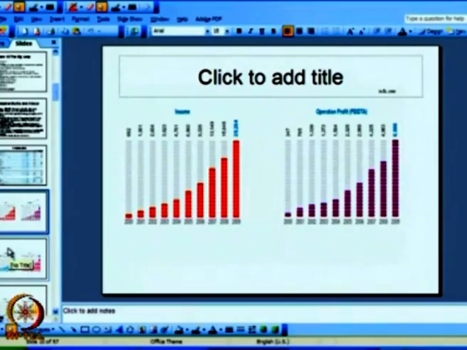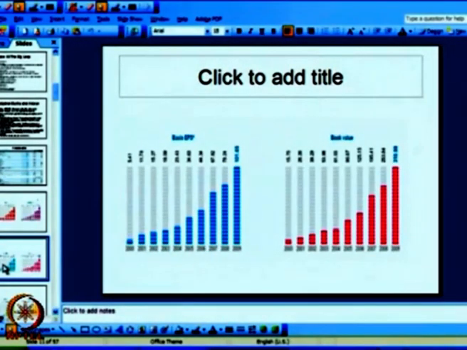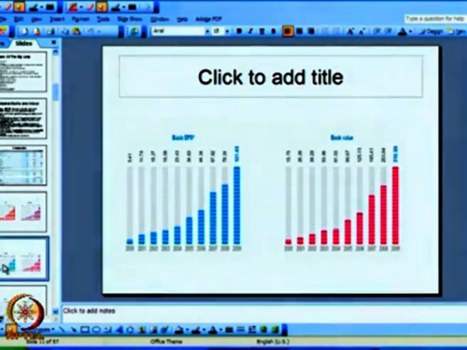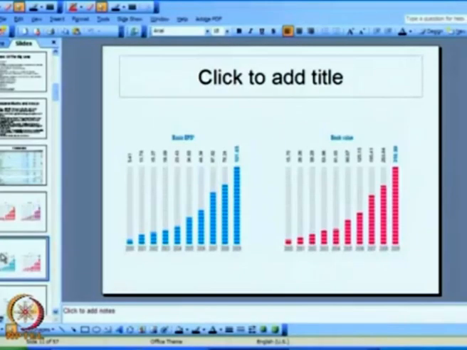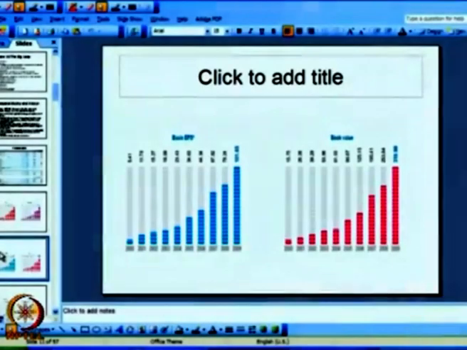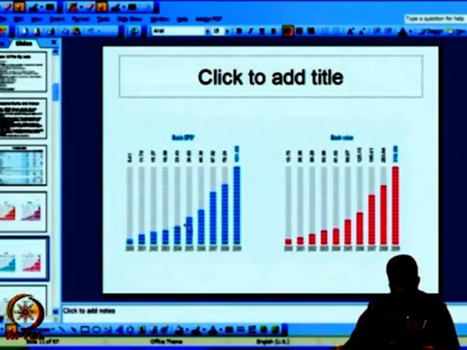There is an increasing trend which you observe from 2000 to 2009. Then what about the earnings per share? A very increasing trend which is going up. From 2000 to 2009, it is more than a 100% increase in earnings per share.